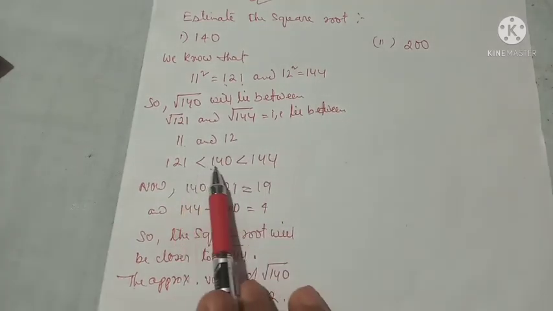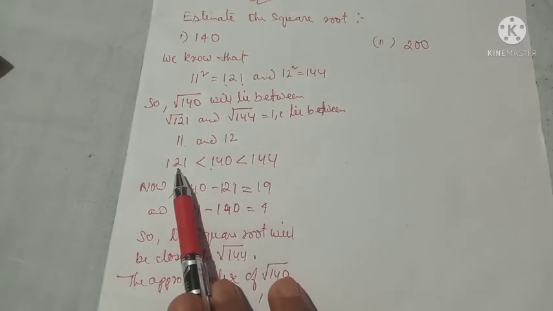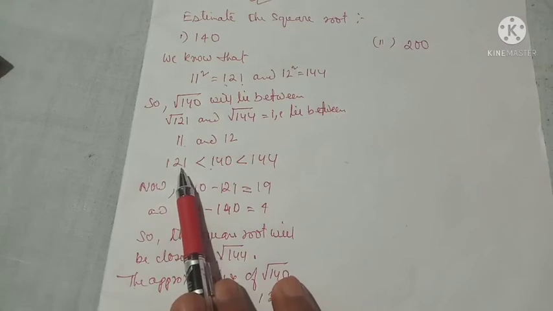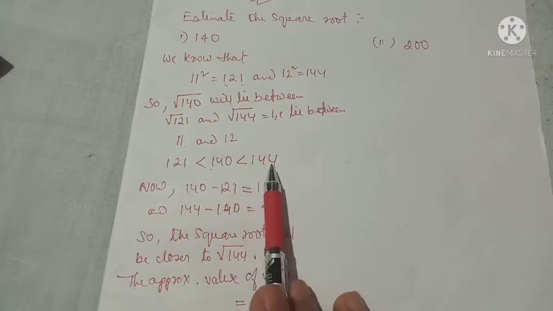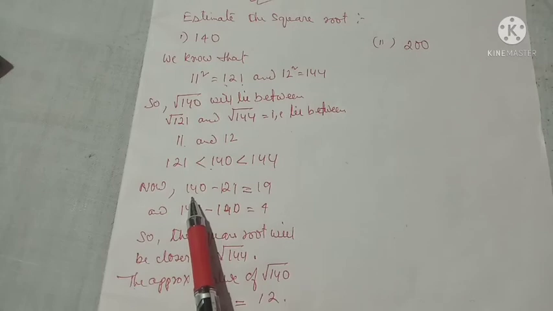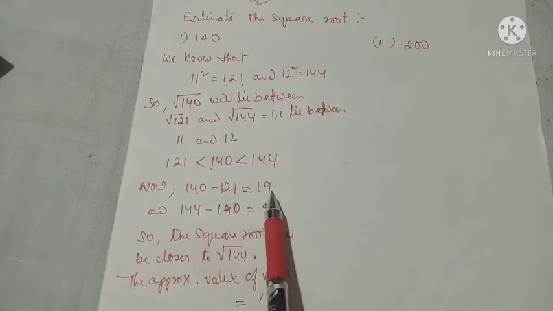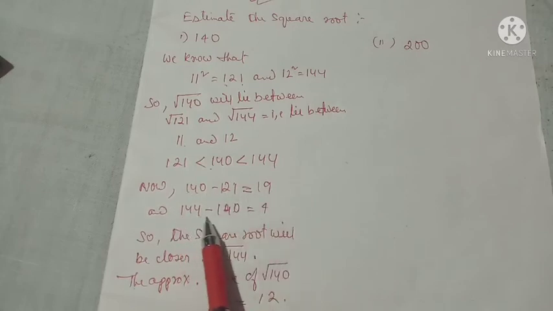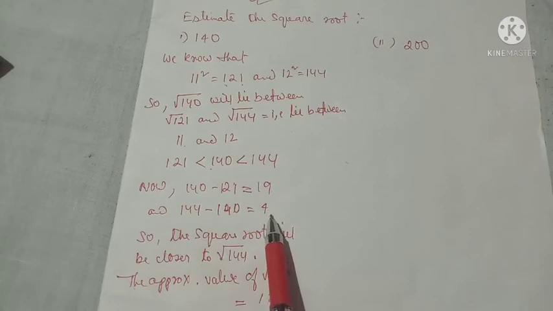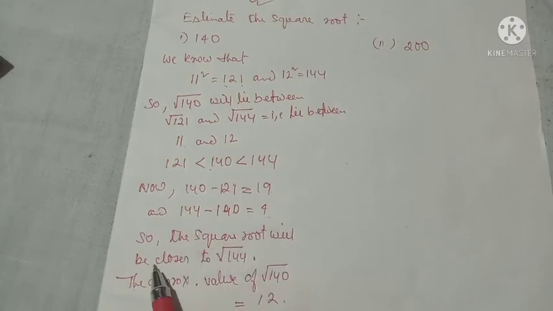It is greater than 121 and less than 144. So 140 minus 121 is 19, and 144 minus 140 is 4. So which is closer? 4. So it is closer to 144. So the square root will be closer to the square root of 144. So the approximate square root of 140 will be 12.